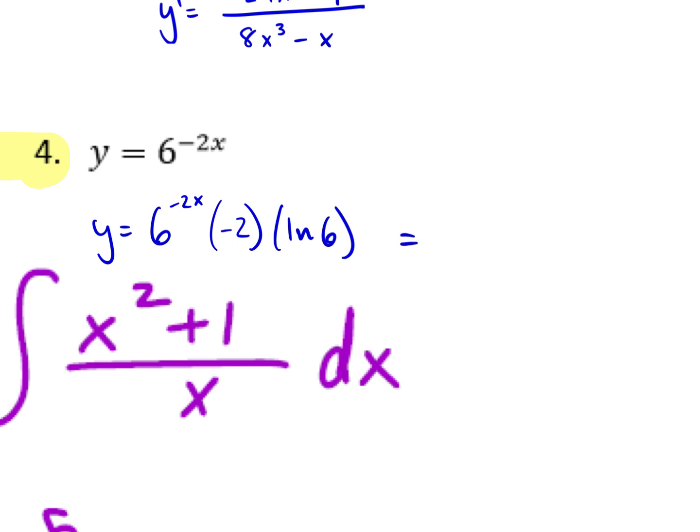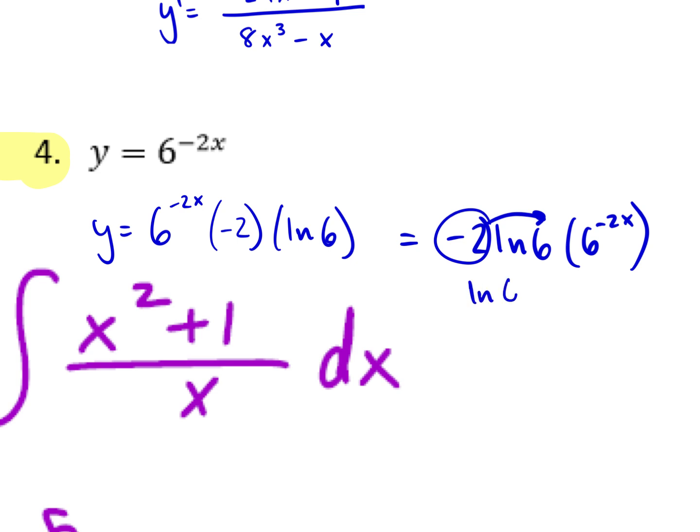This might simplify to negative 2 ln of 6 times 6 to the power of negative 2x. They could make the coefficient an exponent, so this would be ln of 6 to the power of negative 2. They could actually evaluate it.